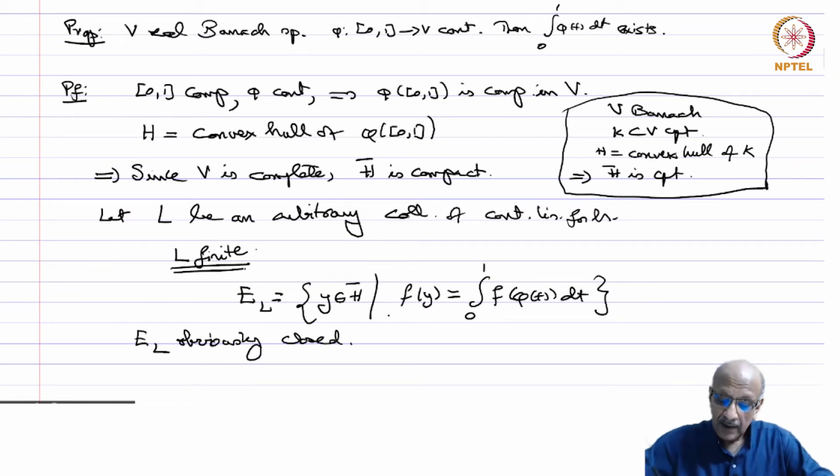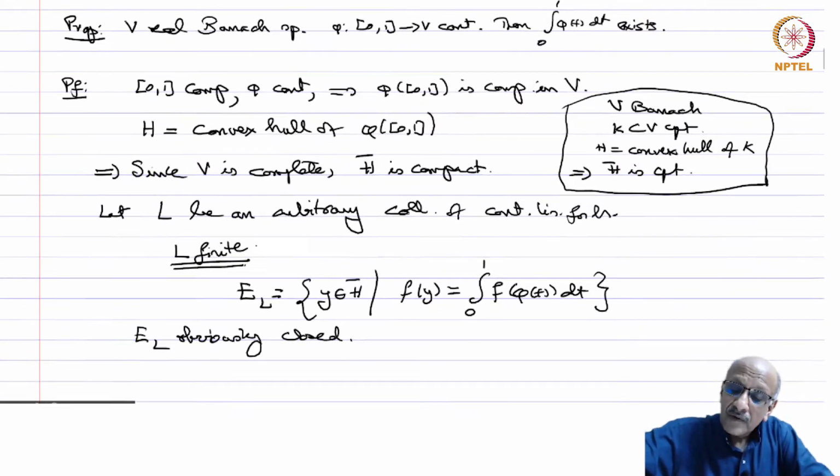So if you take any y_i, the right hand side is always the same, for a fixed linear functional. So if you have y_i converging to y, f of y_i is a constant sequence, so it will always converge. So it is obviously a closed set.